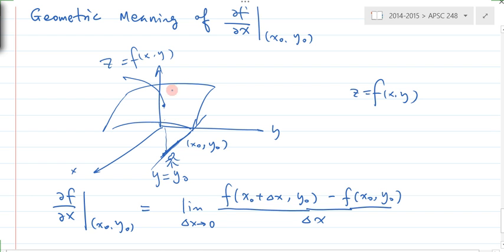And guess what's going to happen? There's going to be a curve traced out along the surface. That curve, to be more precise, is actually the intersection between this plane and this surface. Does that make sense? So that's the curve traced out by this.